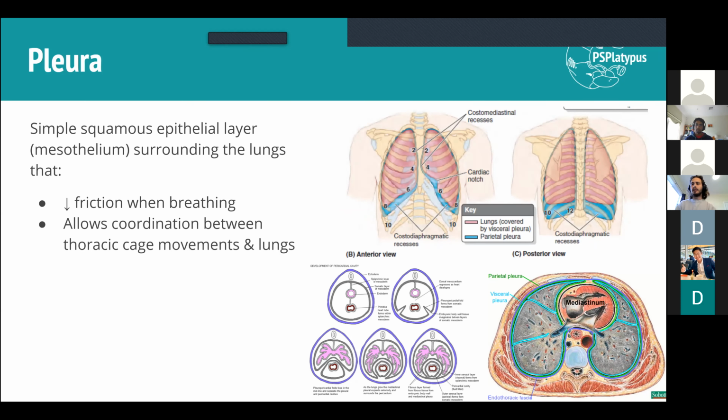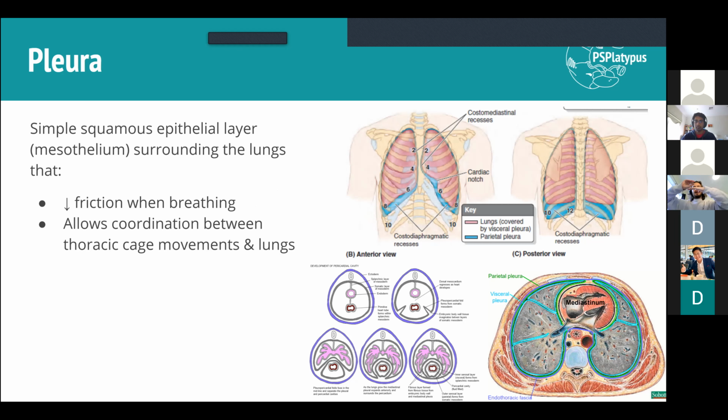But yeah, when we're looking at the pleura, we're really talking about the lungs, and it's named as such only when we're talking about the lungs. And it decreases friction when breathing. So it's basically 1 cell layer thick, and then it's wrapped around and comes around again. So it forms 2 layers.